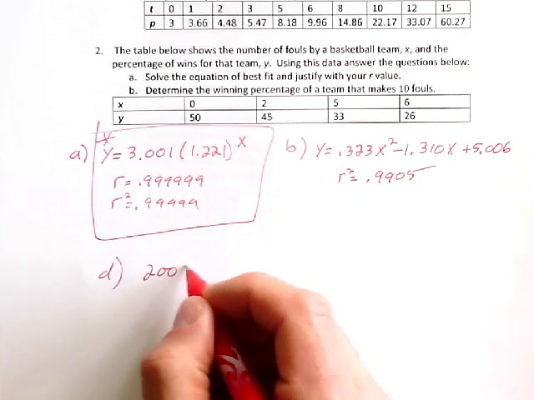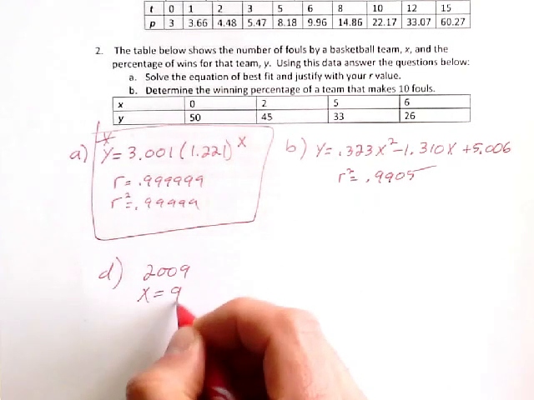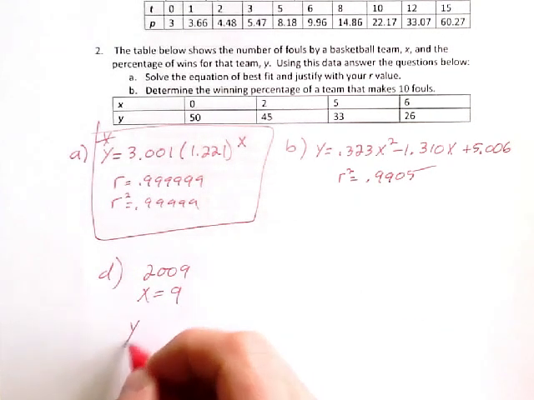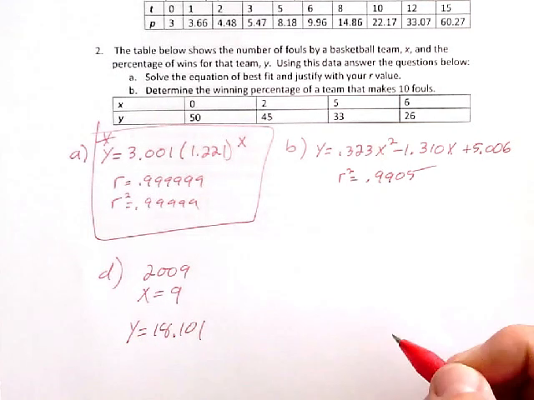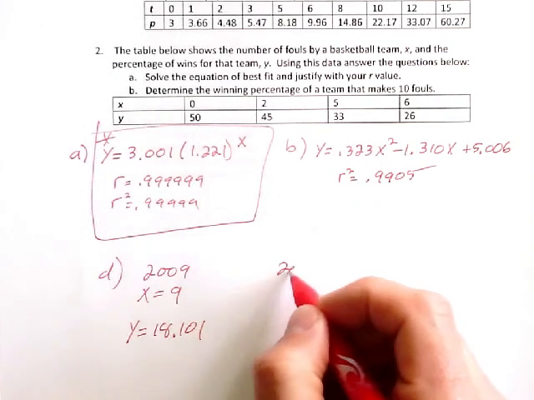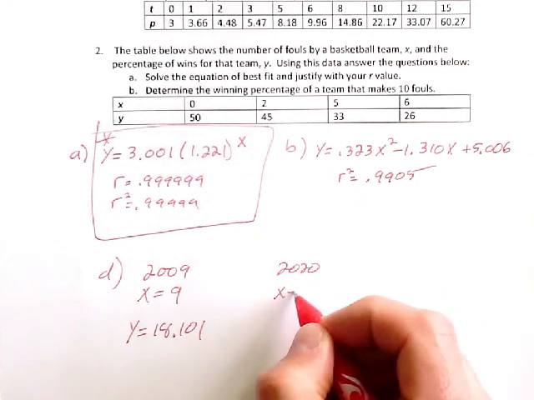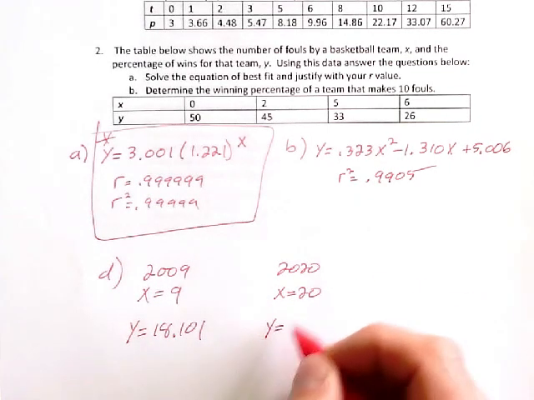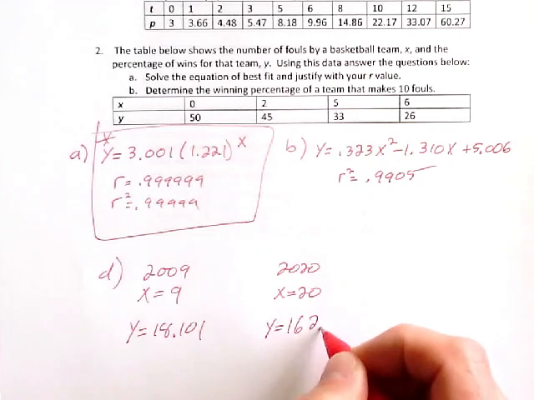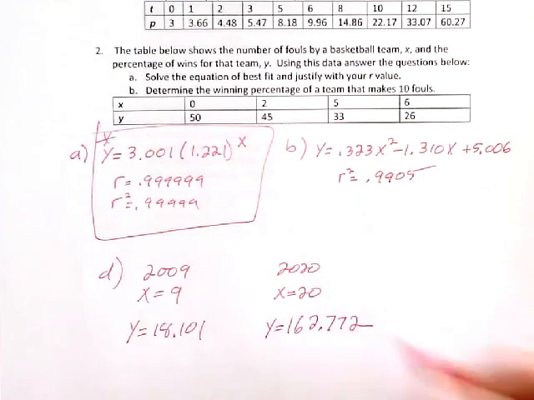Now, for part D, you would plug in for x. So for 2009, x would equal 9. Plug that in, you're going to get y equals 18.101. For 2020, your x value would be 20, and you end up with a y value of 162.772.